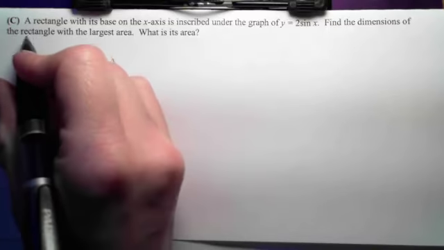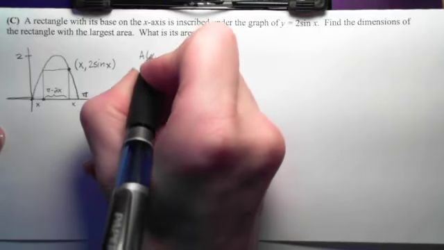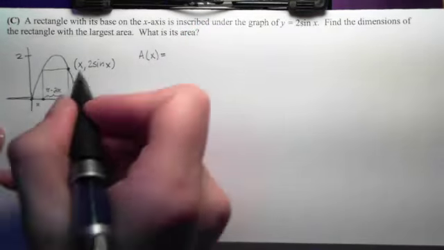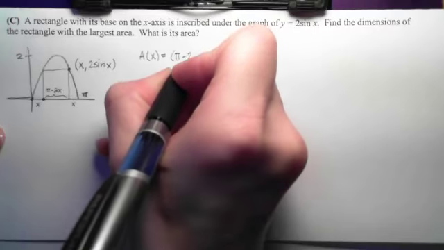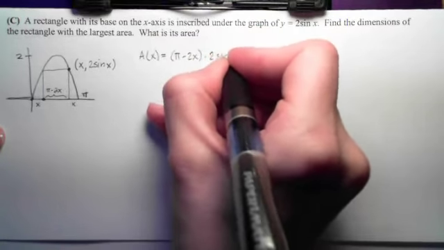So our goal is to find the rectangle of the largest area. So area in terms of x will be the base, which is that pi minus 2x, times the height, which is 2 sine of x.